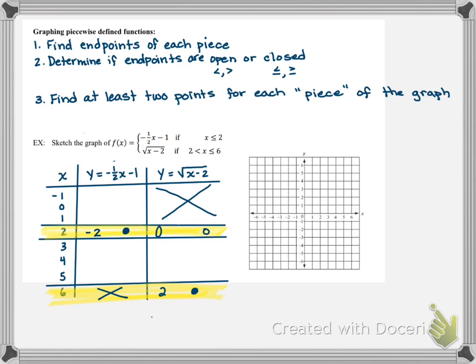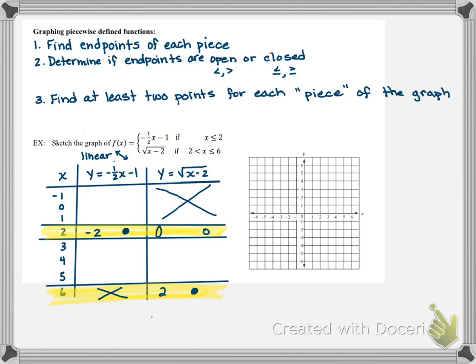What type of function is that? It's linear. And it's got a negative slope, so it's going to look something like this. It's nice to know the basic shape of each piece of your graph, because then you can find fewer points.